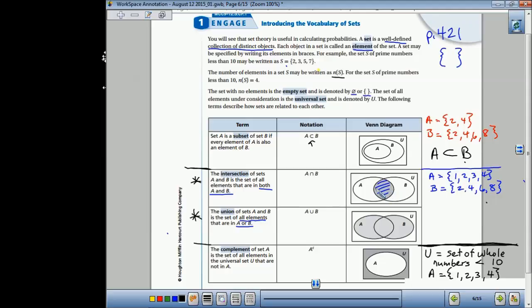So the intersection was here, A and B. The upside down U looking symbol means intersection. So the intersection of A and B are the elements that are contained in both A and B. What are they? 2 and 4.